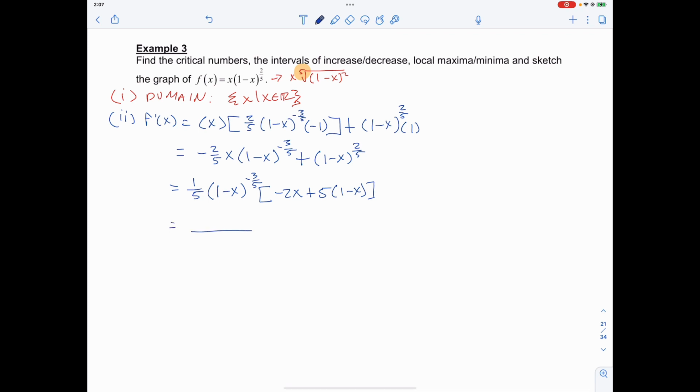I'm going to move that negative exponent down to the denominator. So I'm going to wind up getting 5 and then (1 minus x) to the power of 3 over 5 in the denominator. And I'm going to simplify that numerator. Negative 2x plus 5 times (1 minus x) is going to give me 5 minus 7x.